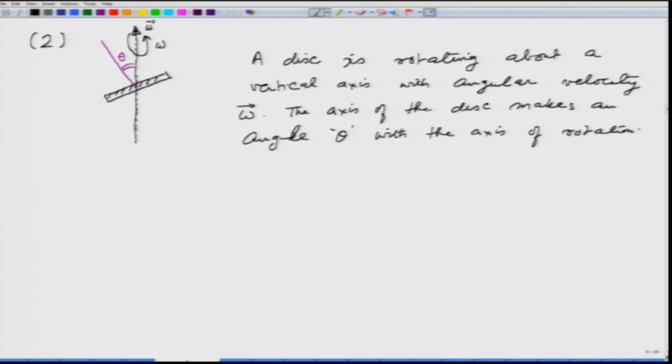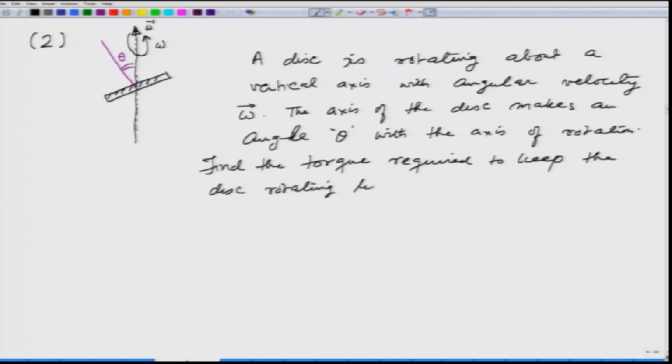So, the question is, find the torque required to keep the disc rotating like this using Euler's equations.